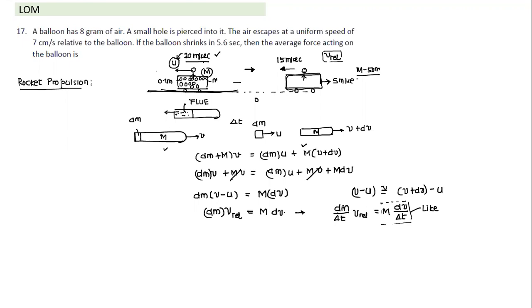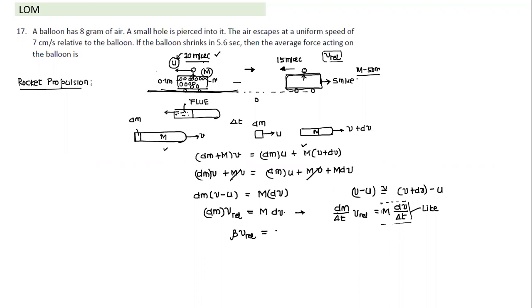If the flue gas is escaping the rocket at a constant rate dm by dt, say 10 kg per second, I can call this beta, the rate at which the mass is escaping. At what velocity? The relative velocity is something like 20 meters per second.